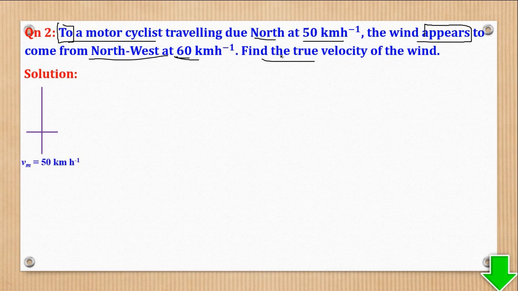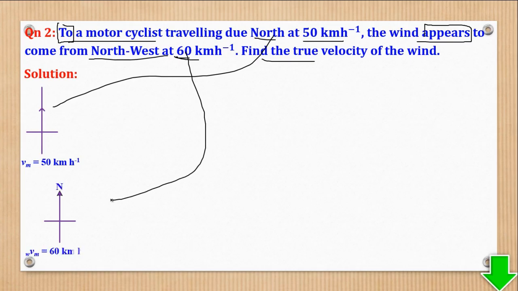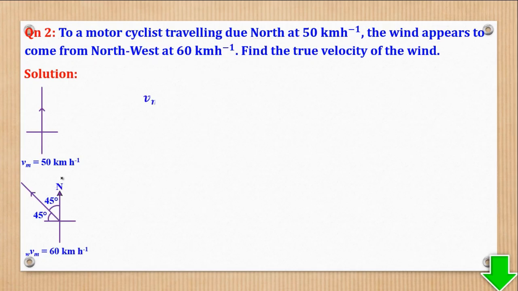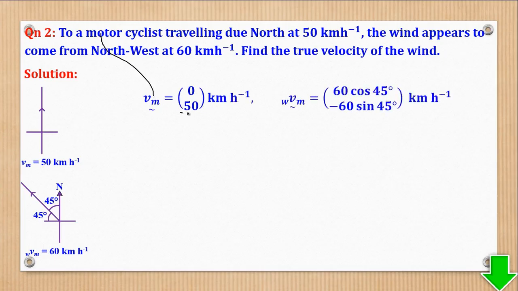So you first make your sketches to easily convert to vector form. So this is north. Then this one is northeast, sorry, northwest, which is there. So with that I can now convert to vector form. V of the motorcyclist is that because it is entirely vertical.